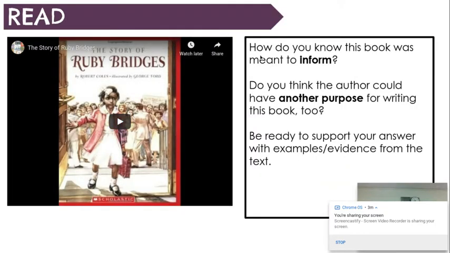So while we're listening to the story of Ruby Bridges, we are actively listening, and in our mind, we're thinking about, what do we think the author's purpose is or was when they wrote this book, and why?